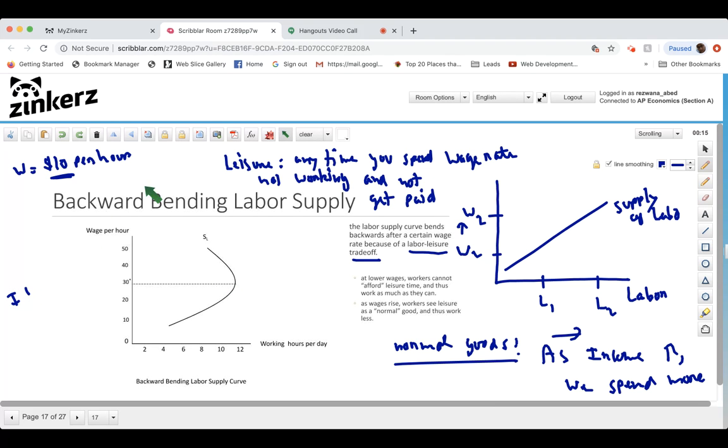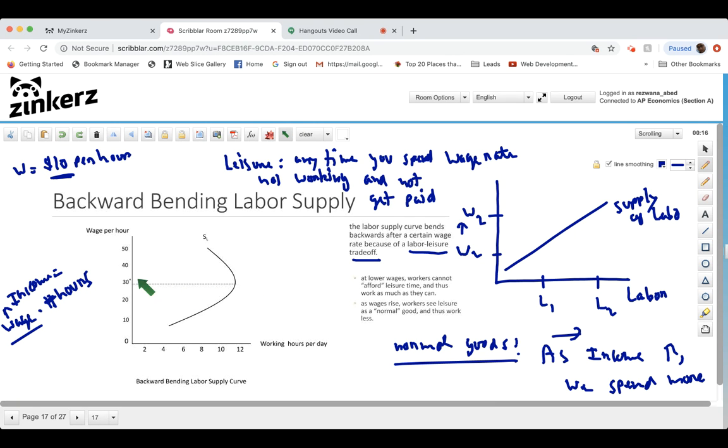Where does income come from? Income comes from the hourly wage times how many hours you're working. So if your hourly wage is increasing, it makes sense that your income is going to increase as well.